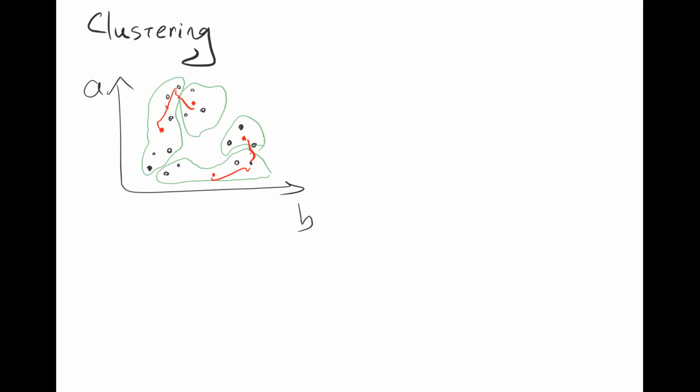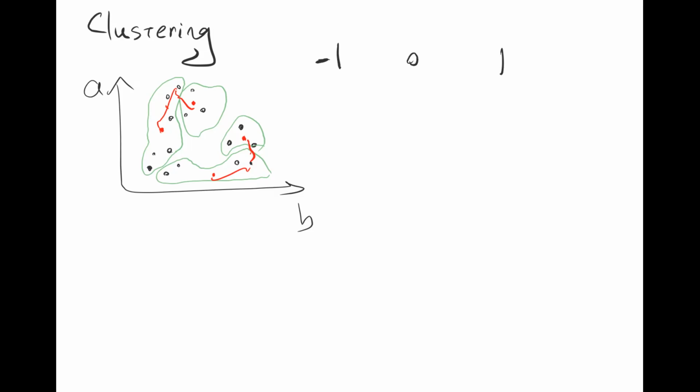The silhouette coefficient is between -1 and 1. If it's 1 or close to 1, it means all of the points are assigned to a correct cluster. If it's close to -1, it means some of the points were not assigned very well.